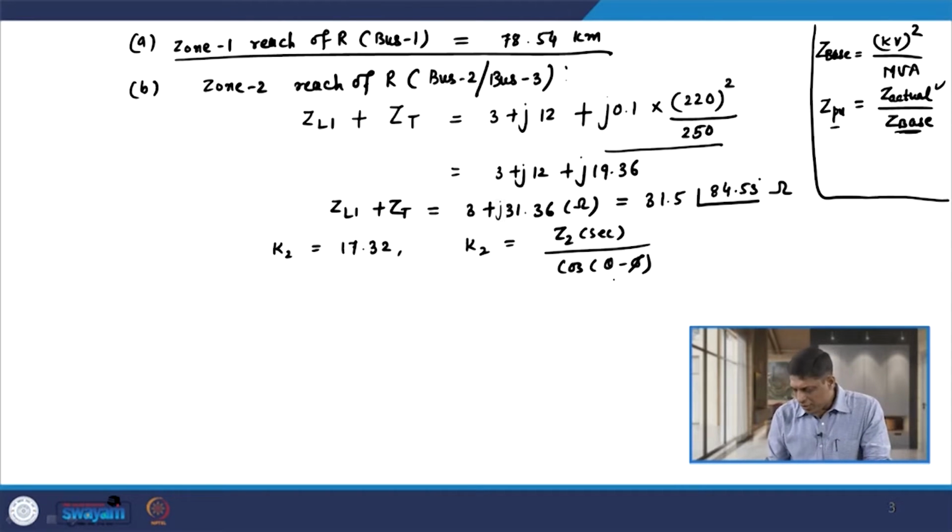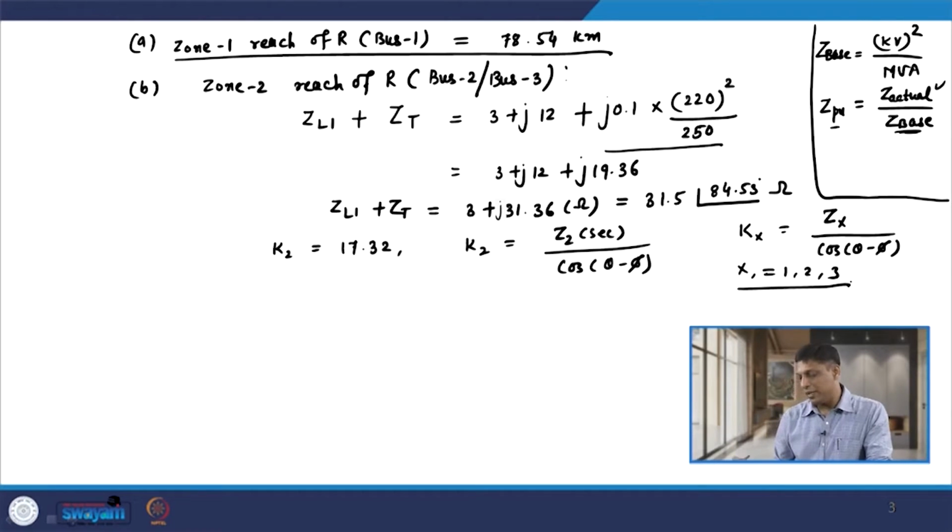You can remember this equation: any value of Kx is equal to Zx divided by cos of theta minus phi, where x stands for 1, 2 and 3, indicating the zone setting. If you take the first, it is K1 Z1, if you take the second it is K2 Z2, and if you take the third, it is K3 Z3.